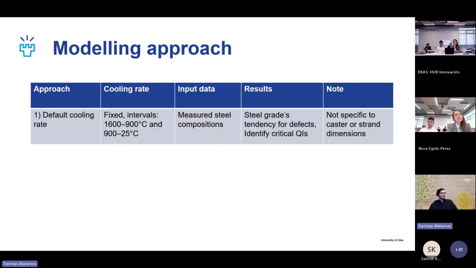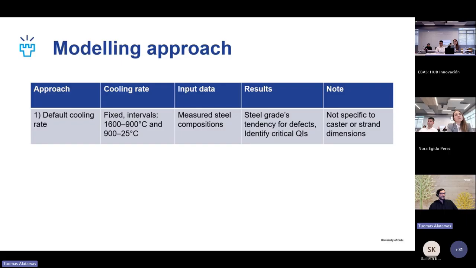As input data, we only need the measured steel compositions from a steel plant, and as results, we can see which steel grades have a tendency for defects, and identify the critical quality indices that need to be considered in the next steps.